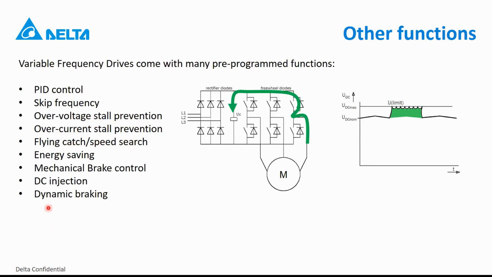For applications where it's mandatory to stop the motor within a certain amount of time, you can connect a braking resistor to the drive, and then the drive can actually take all the extra energy that is coming from the motor and convert that into heat, thus helping the motor stop a lot quicker than it normally would.